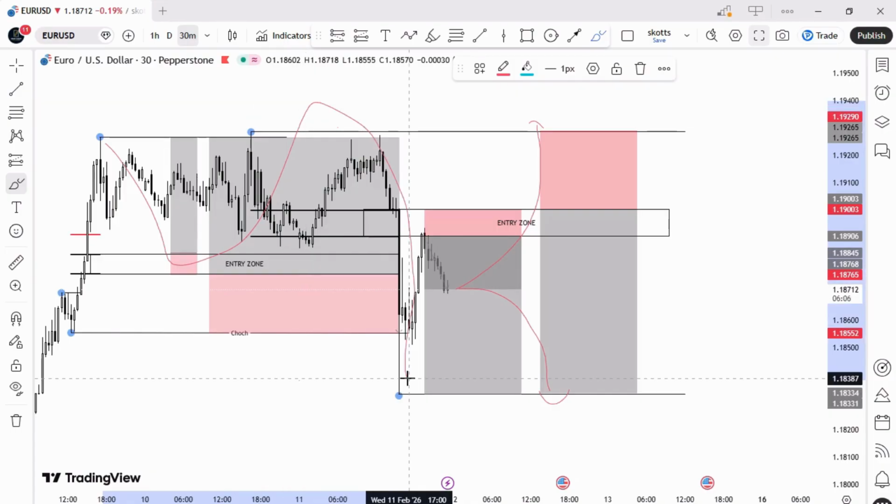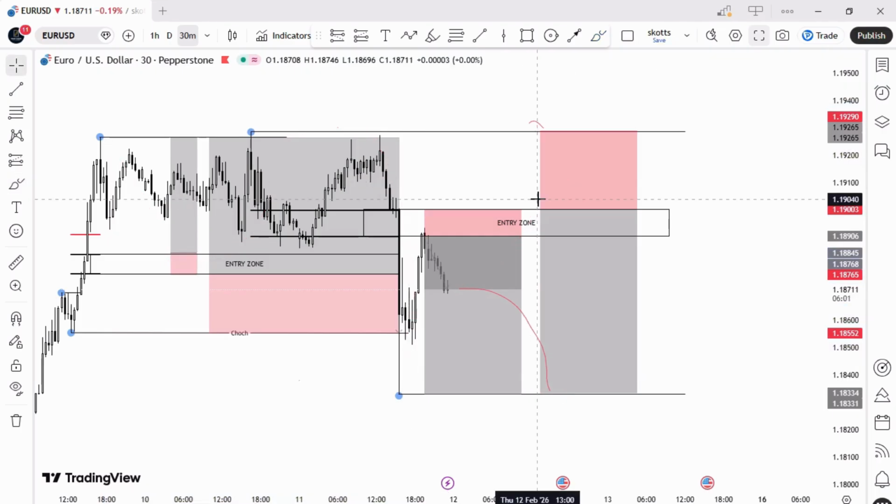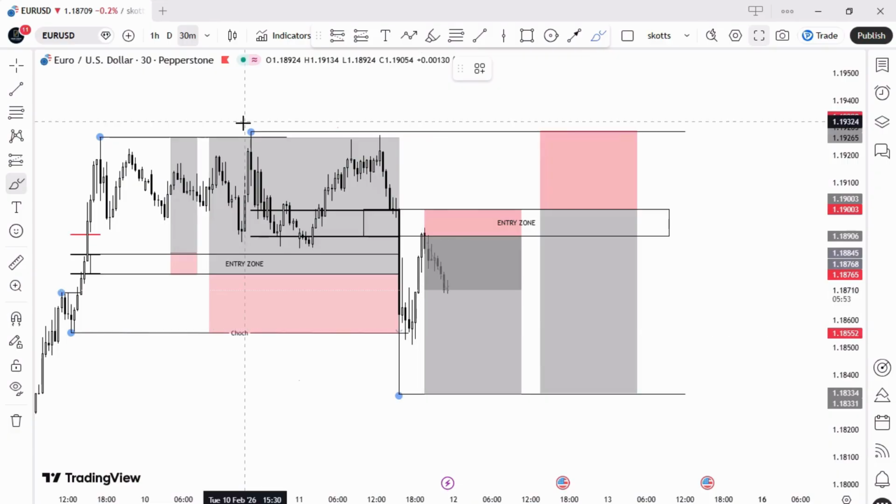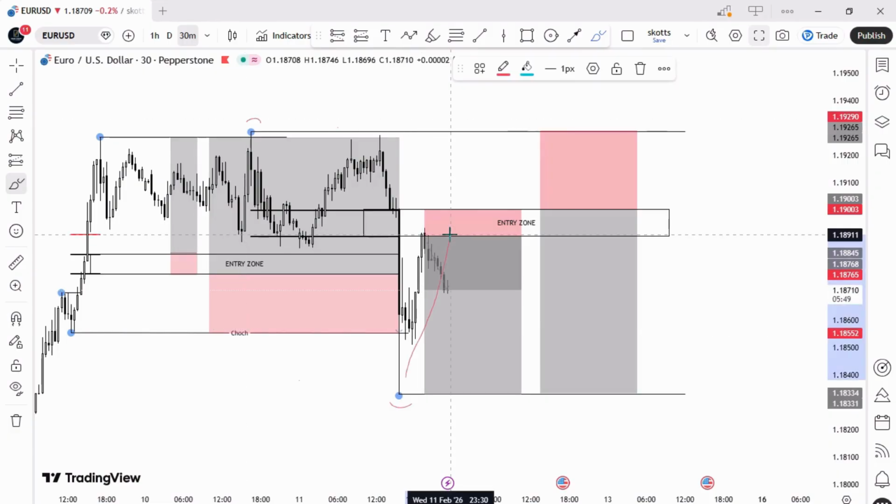So now we are looking for a bearish continuation. Price has already created a high, a low, a pullback. So now we are hoping for that bearish continuation.